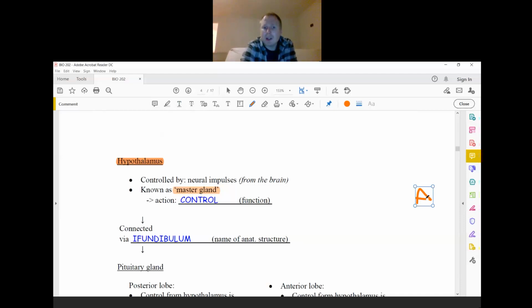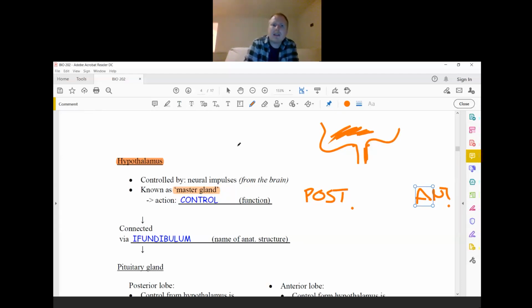Here's going to be the anterior part, the front, and here's going to be the posterior part. So we have our hypothalamus within the brain here, and from the hypothalamus we have this little streak that comes out, and this streak is known as the infundibulum. The infundibulum is the part that connects the hypothalamus to the pituitary gland.